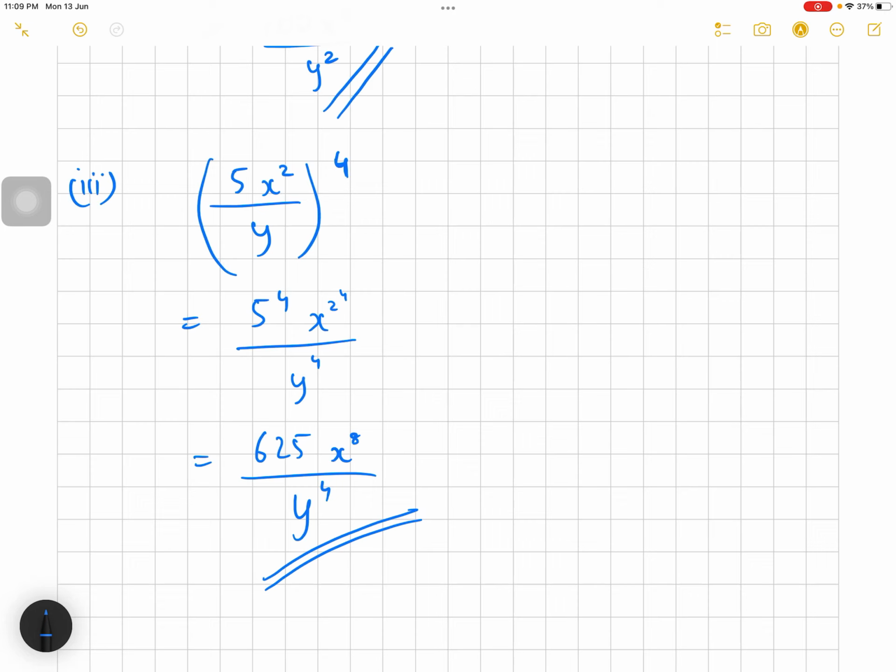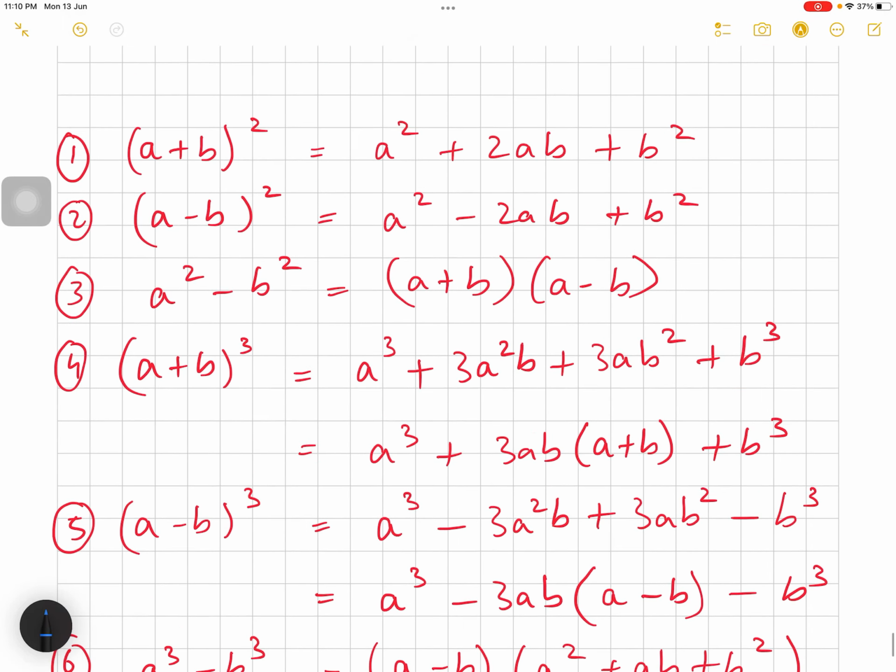Next problem, fourth one, is a raised to x plus y into a raised to 2x minus y. Okay. Now here it is as good as a raised to m into a raised to n.